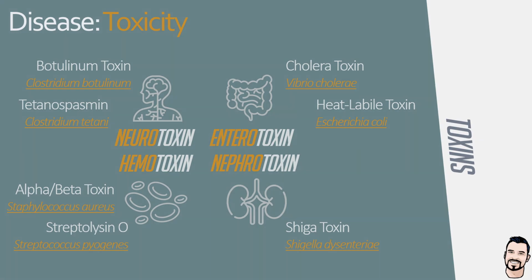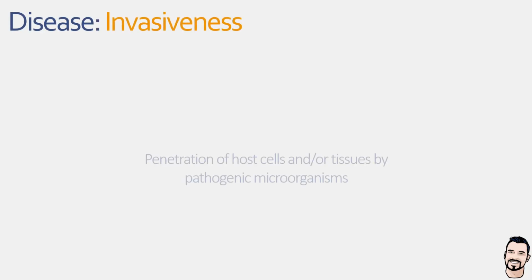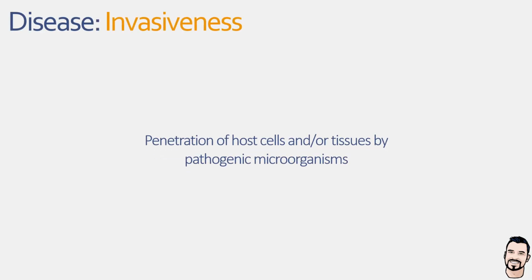Now, taking a step back, not all damage is caused by toxins. Some pathogens cause disease and damage through their invasive actions. And so, invasive disease involves the penetration of host cells or tissues by pathogenic microorganisms. So rather than remaining on the surface where they initially adhere, the organisms move deeper, entering host cells or spreading through host tissues.